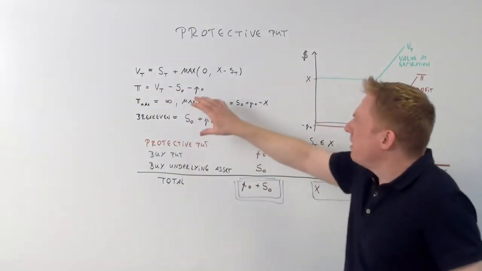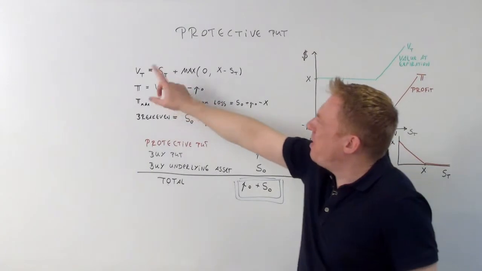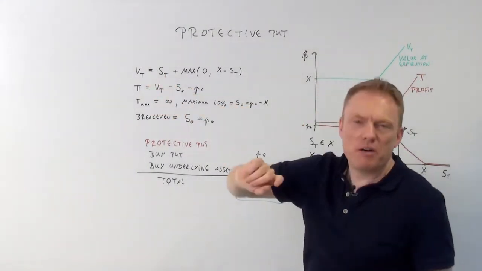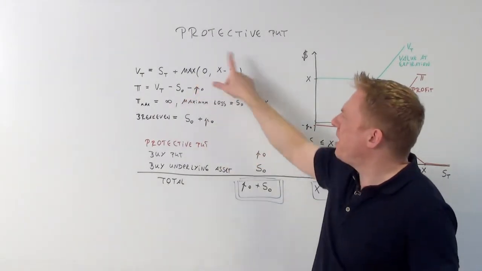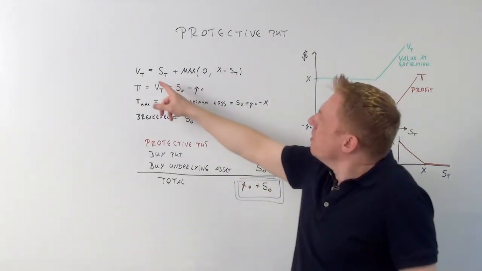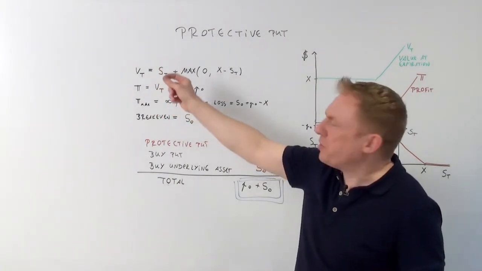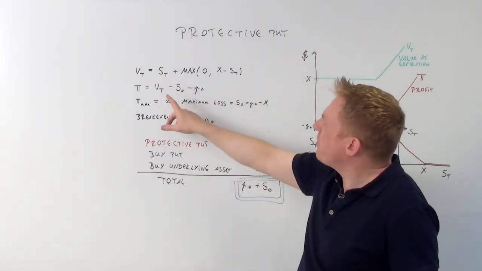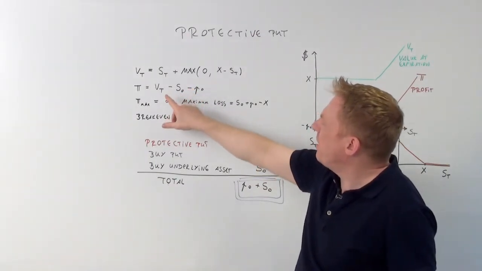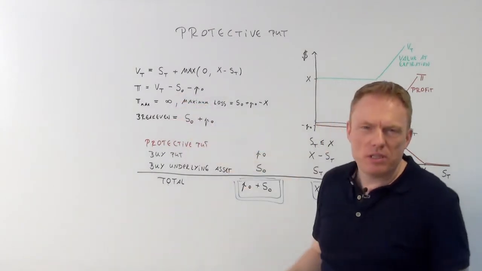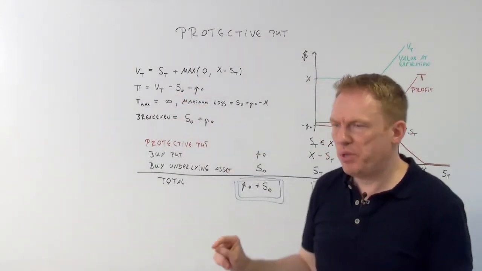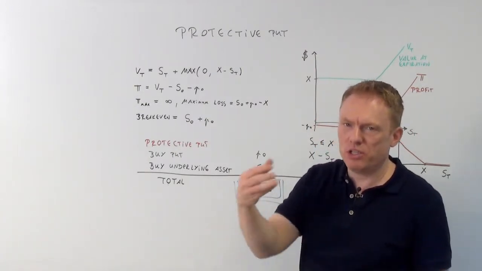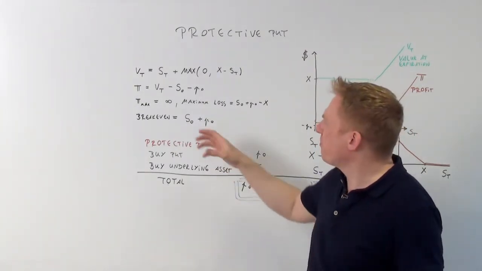And last, you have to see that the value at expiration is the value of the stock plus the value of the put. The profit is slightly different. It is this, because you have to subtract the value of the stock at period 0 and the initial price we had to pay for the put.